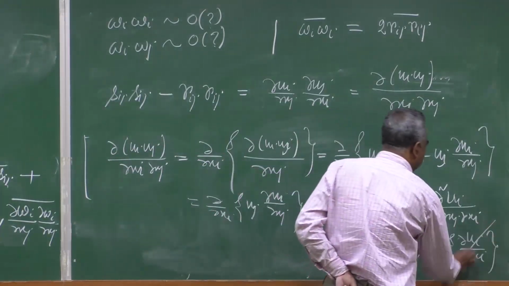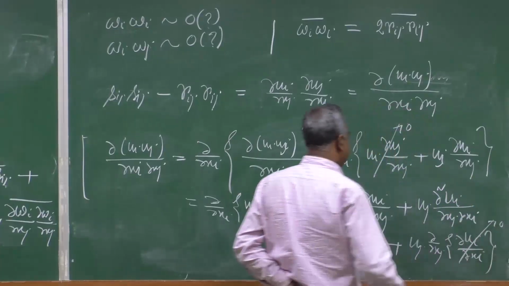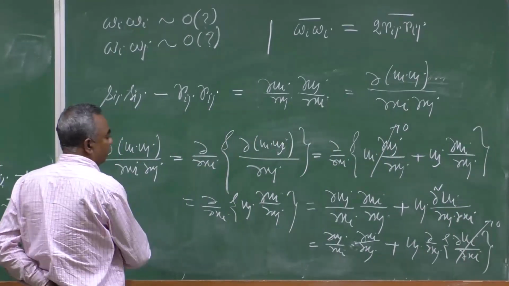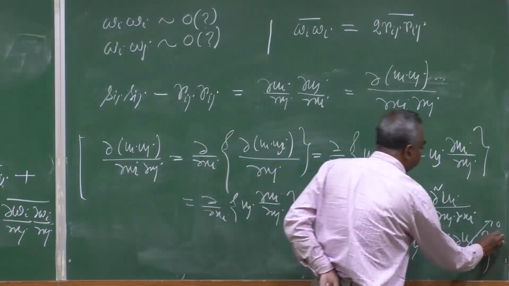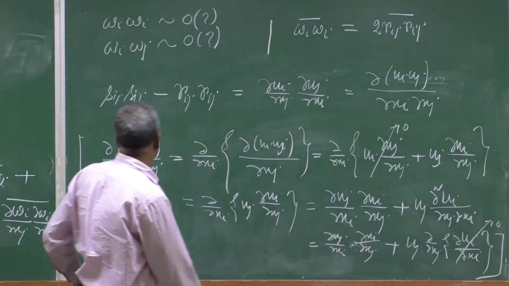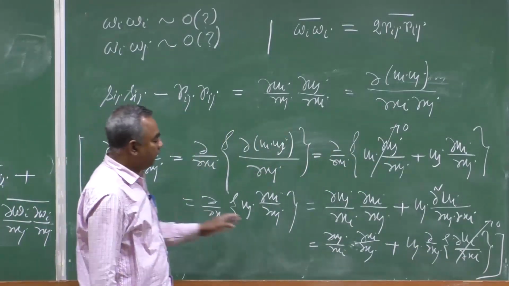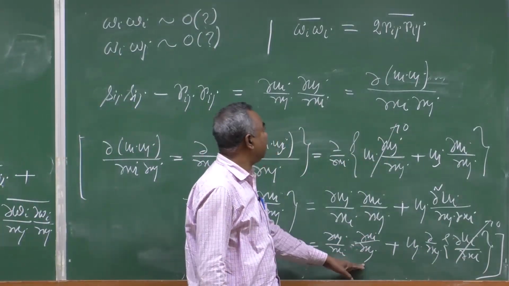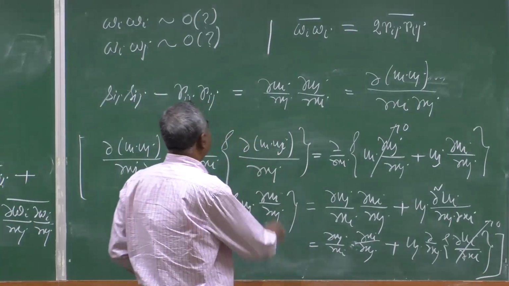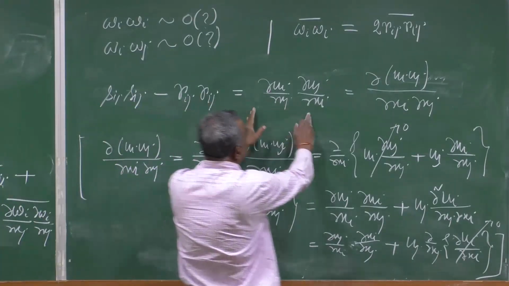So, essentially we are left with, that means this is equal to ∂u_j/∂x_i ∂u_i/∂x_j, which is nothing but this. So, that means this is equal to this is equal to this.